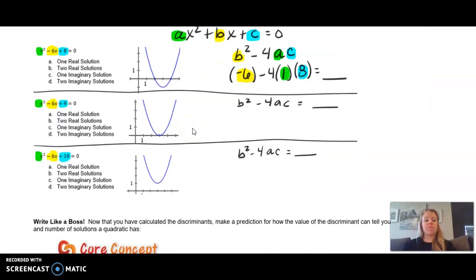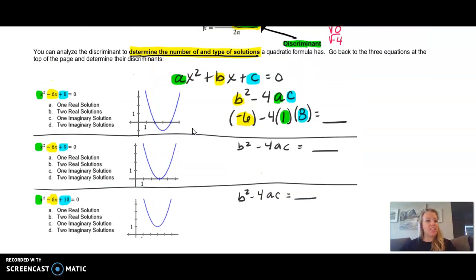So we're going to use the examples from the little example I did at the very beginning and see if we can notice the pattern that we're going to be using. For instance, here's that first graph, and I'm going to have my a is 1, my b is -6, and my c is 8, because it's already set equal to 0.